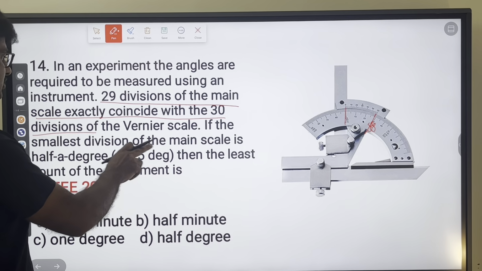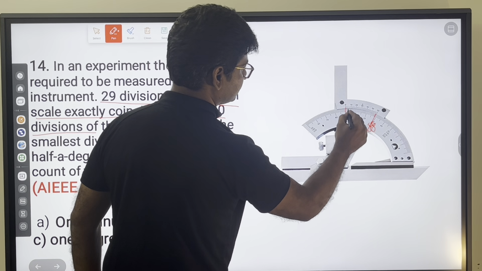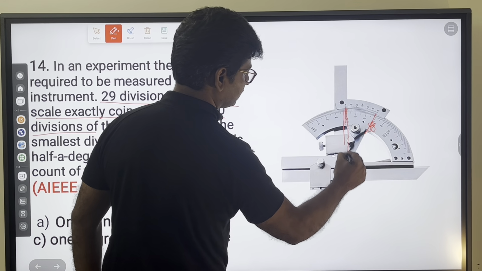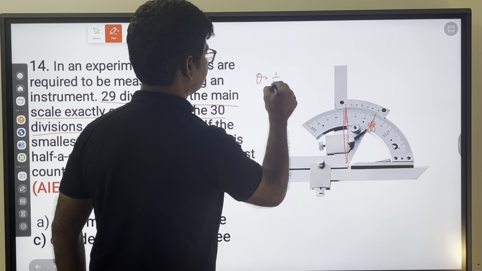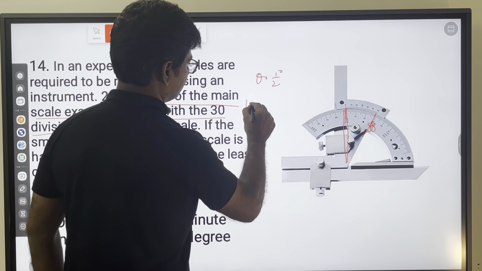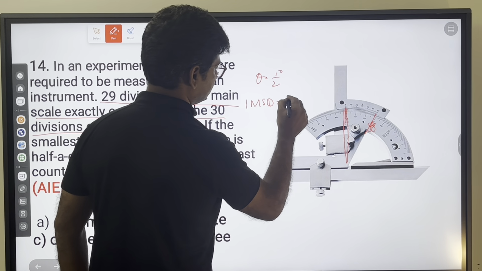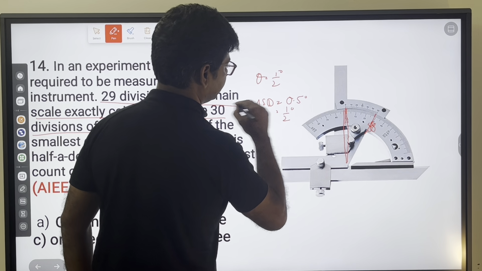If the smallest division on the main scale is half a degree, that is the smallest division. I would say one main scale division is equal to 0.5 degrees.